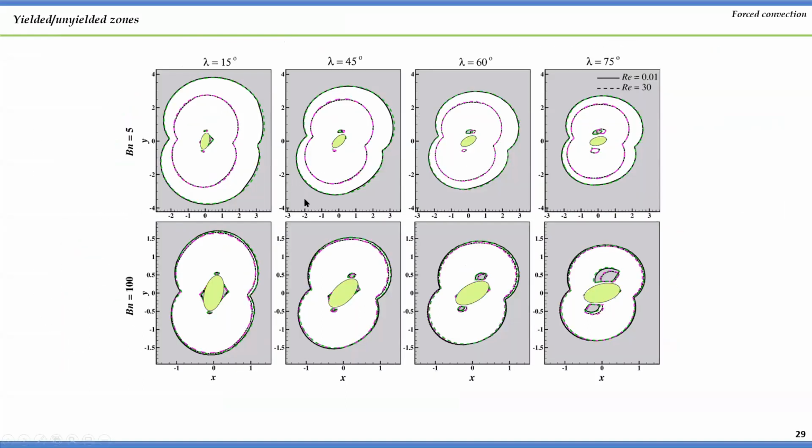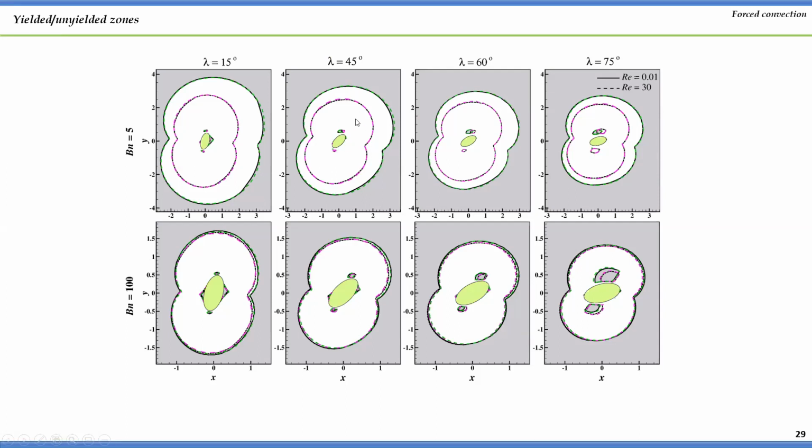Now, let me explain one more thing at this point. When we have these yielded and unyielded regions, what is the importance of observing this? When we are considering some temperature-sensitive material, for example a pharmaceutical or food product, if your material is very stagnant, then there can be growth of bacteria in that biological or pharmaceutical product.